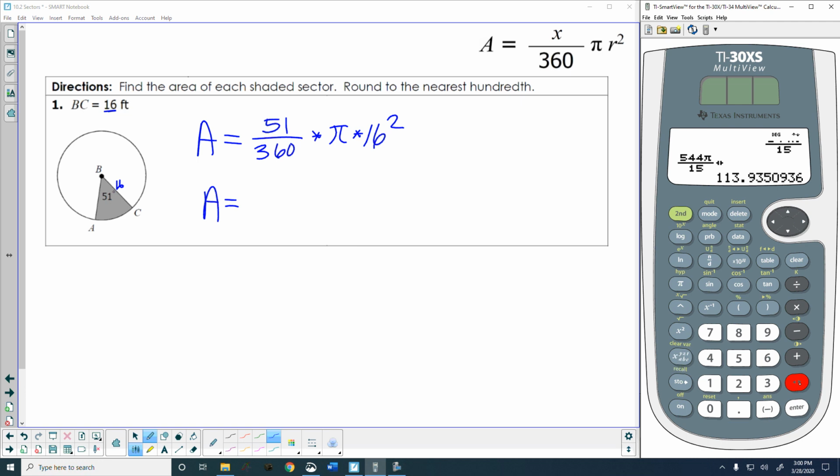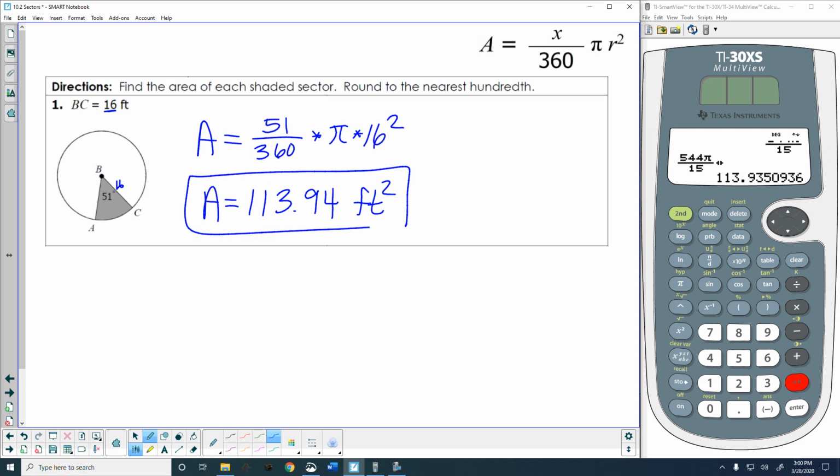I think all the answers on the back of your worksheet are in decimals, but I can't remember. So 13.94, and our units are going to be square feet because we're finding area. The radius was in feet, so the area will be in square feet. So there's our first sector.